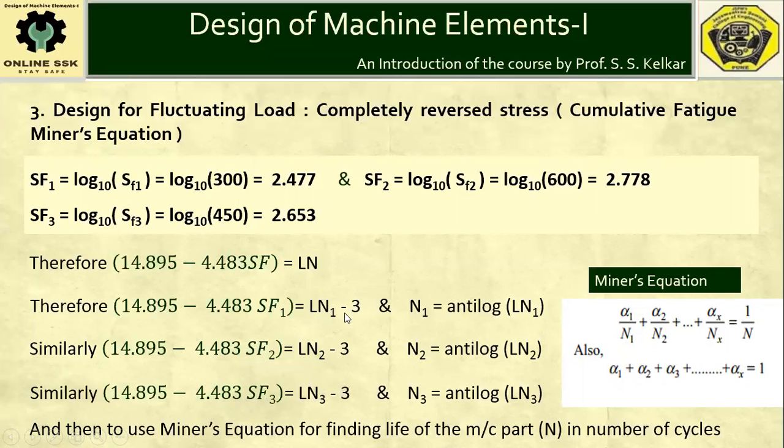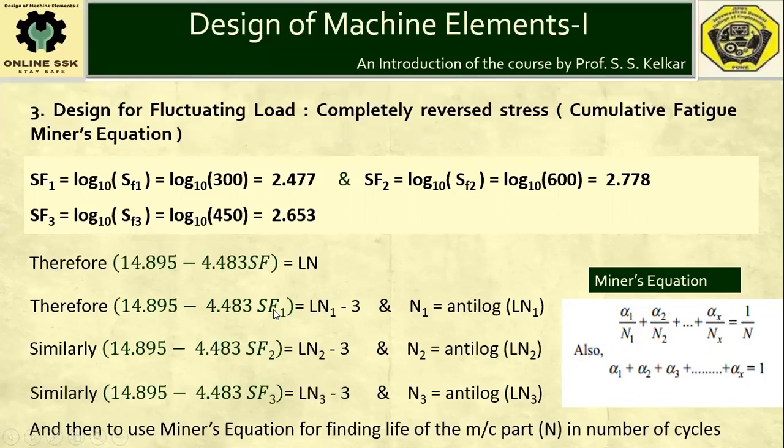This minus 3 is not present here. By mistake I have written minus 3. Actually this minus 3 is not necessary. We have taken it into account here in 14.895. So by mistake I have mentioned minus 3. This minus 3 is not required.